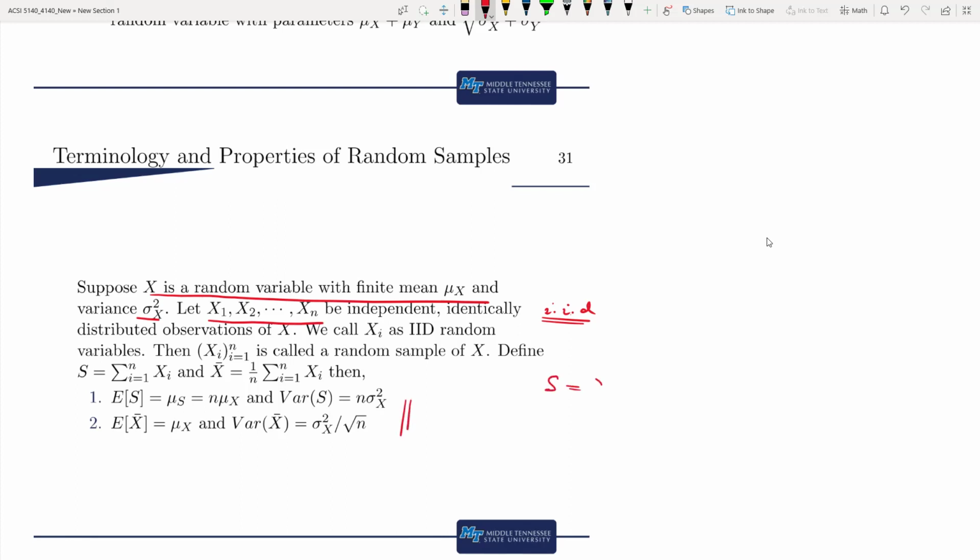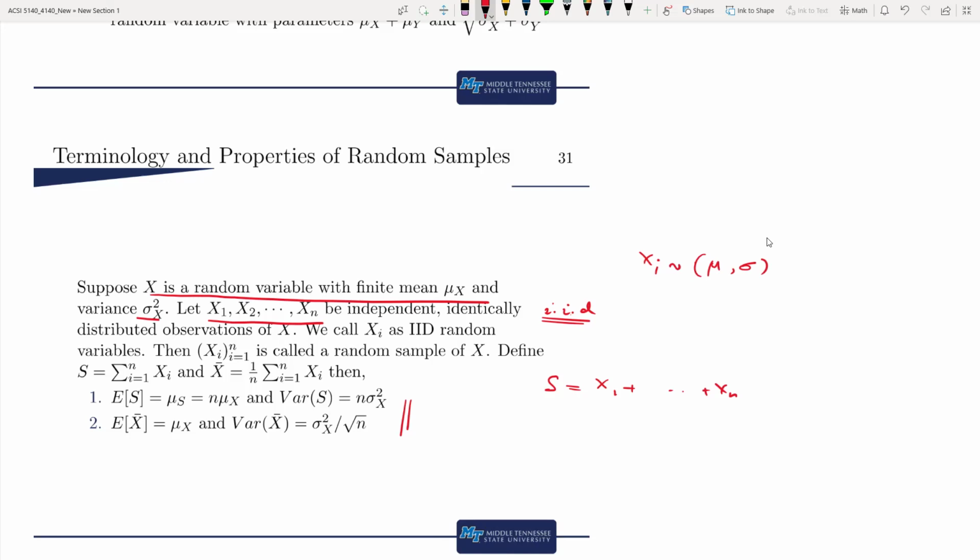So S is the sum of random variables xi with mean mu and variance sigma.